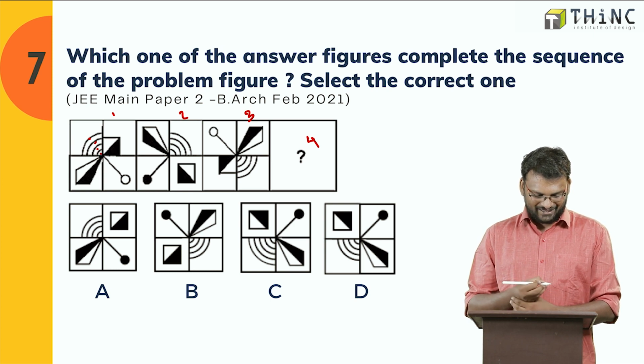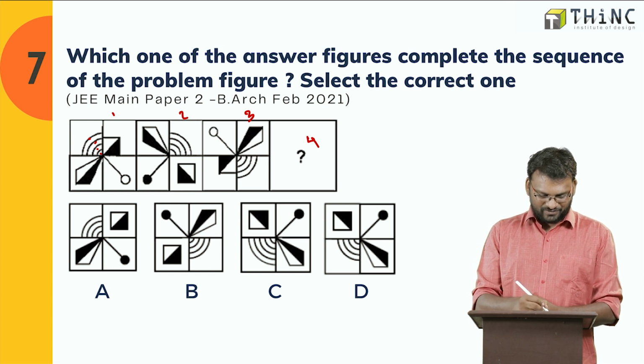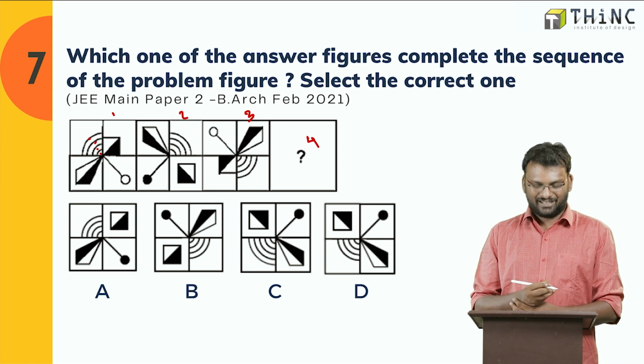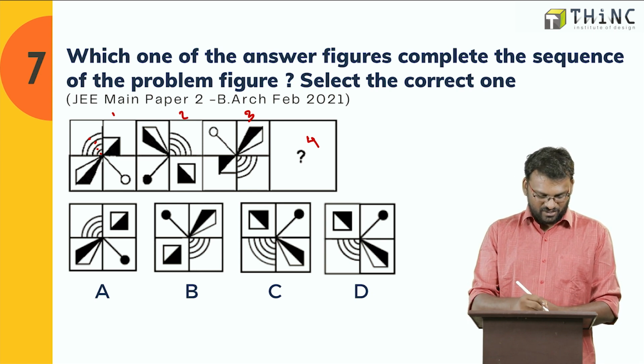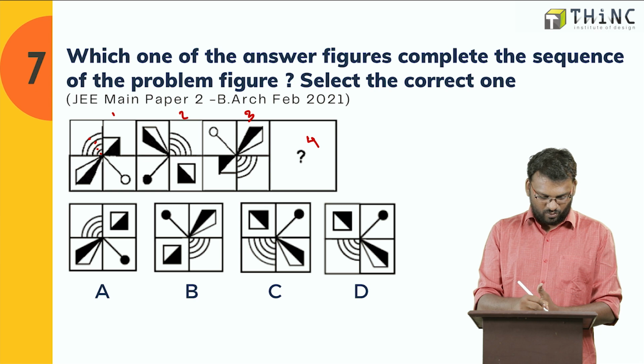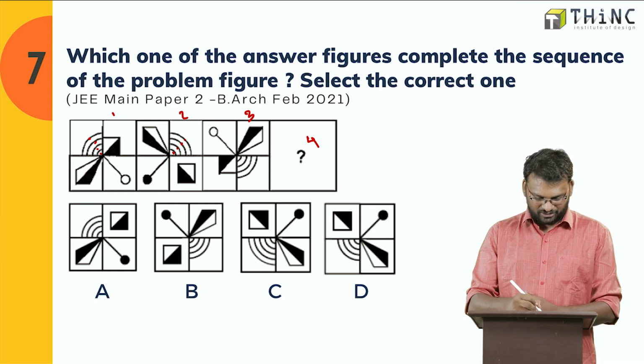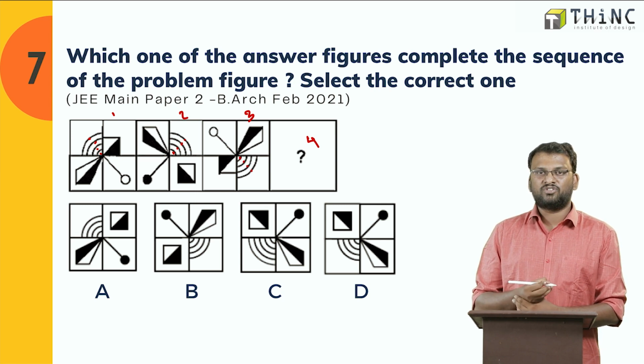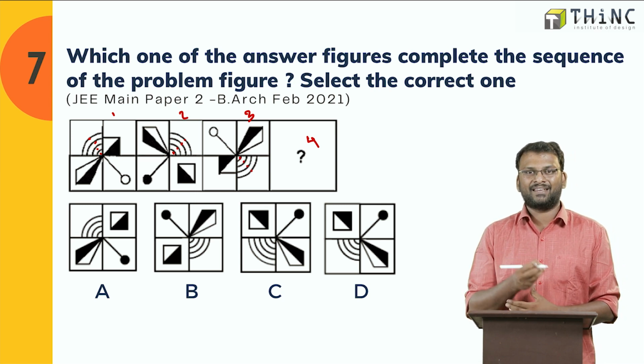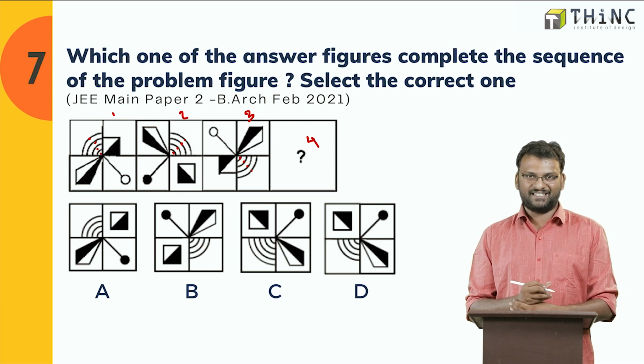So 4 sectors are here. You can call them sectors or arcs as per your convenience. Similarly over here, 1, 2, 3, 4. Even this has 4. All 3 figures have 4 arcs each, or they make 4 sectors each.